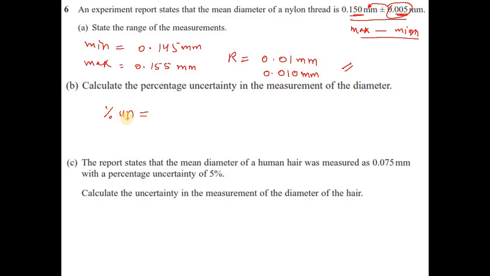That means percentage uncertainty in the diameter is 0.005 divided by the measured value 0.150 multiplied by 100. And if you solve this, the percentage uncertainty would be 3.3%.